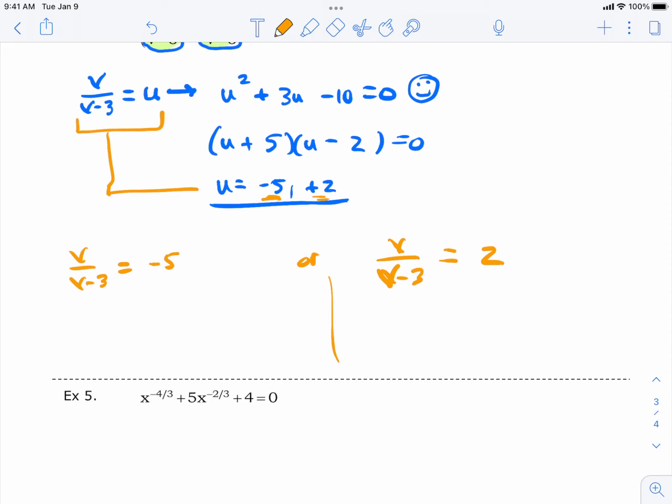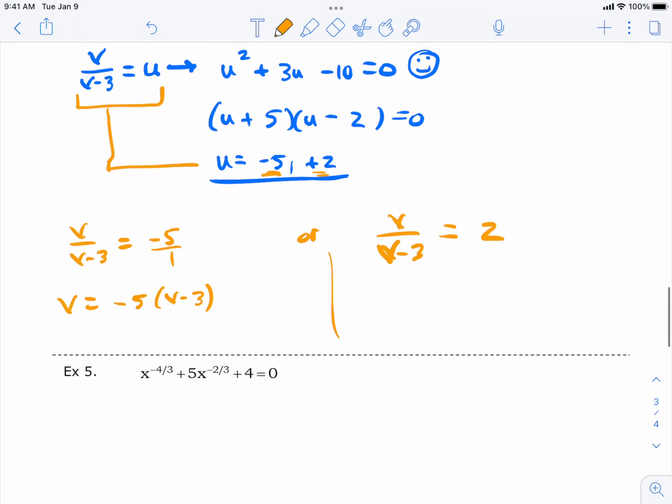Coming back over to the left here, again, I'm going to put a 1 under that and look at it with cross products. So coming down this way, v times 1 is v. Going up the other way, negative 5 multiplies v minus 3. If I distribute, I've got negative 5v plus 15.